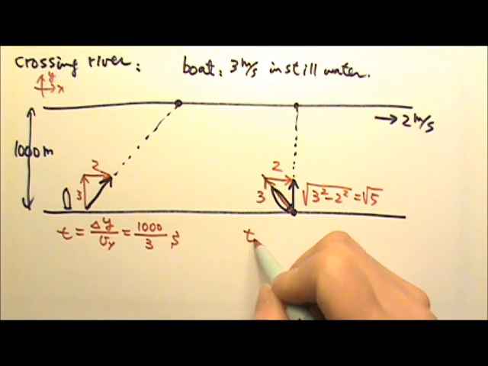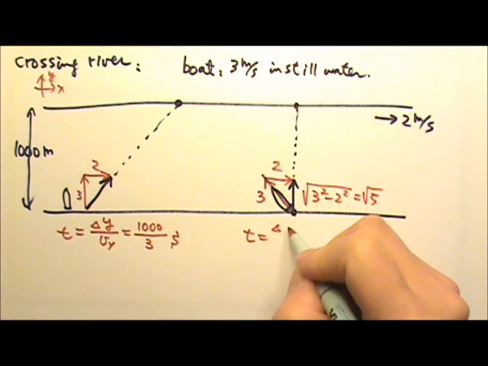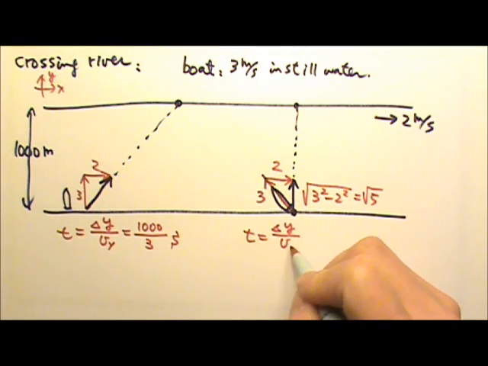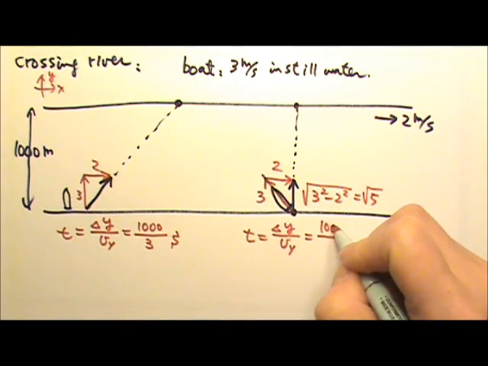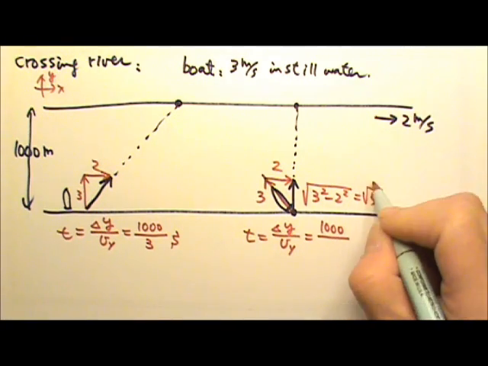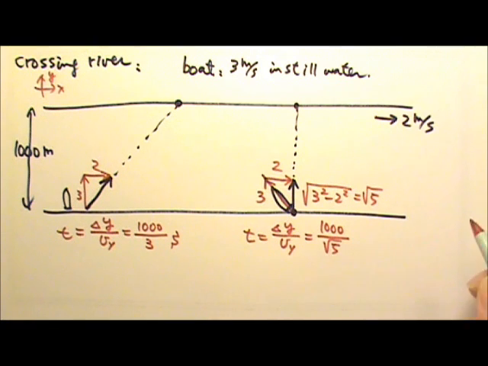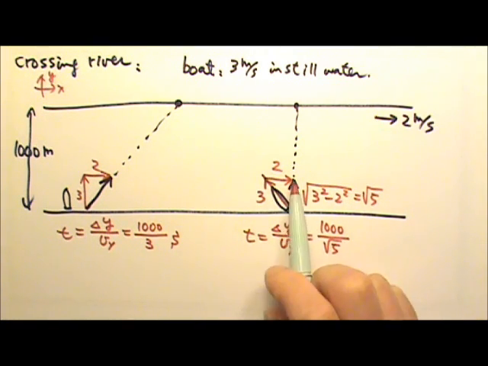So the time for this boat to cross the river, again, would be delta y over the velocity's y component. The delta y is 1,000. The y velocity is square root of 5. For this boat, the entire velocity relative to the shore is the y velocity.